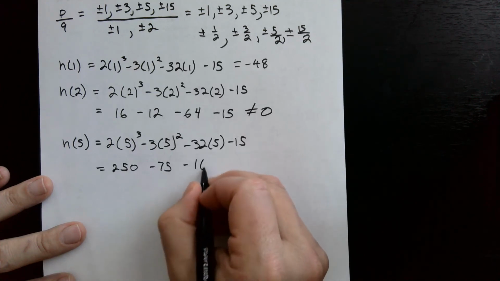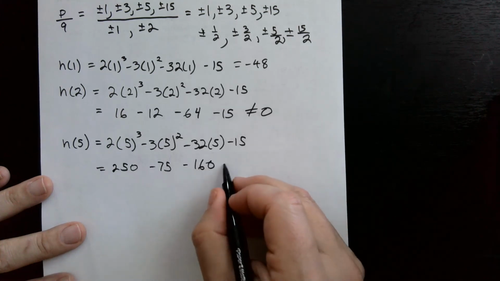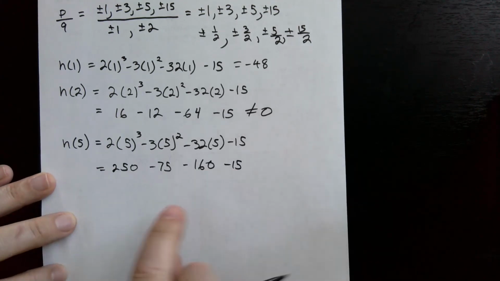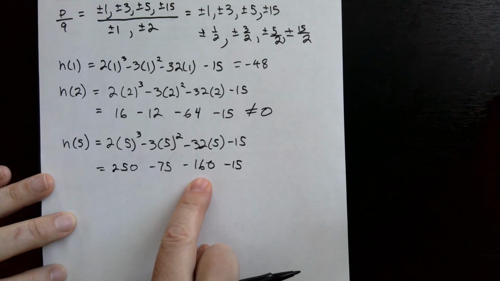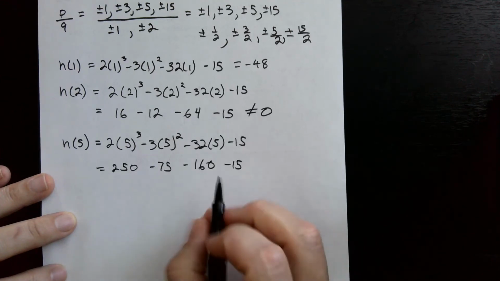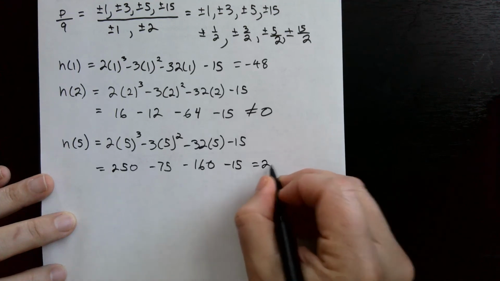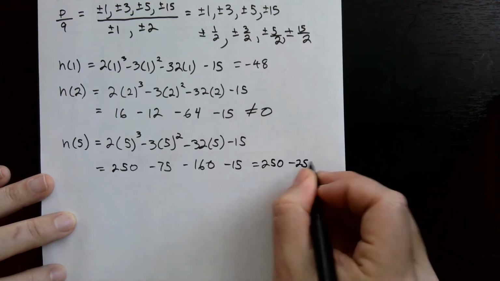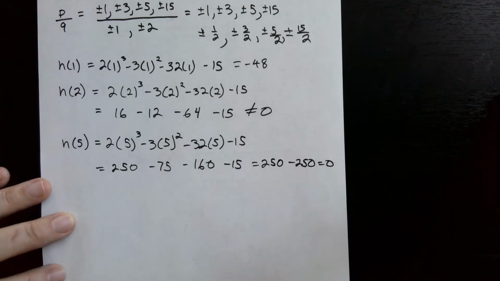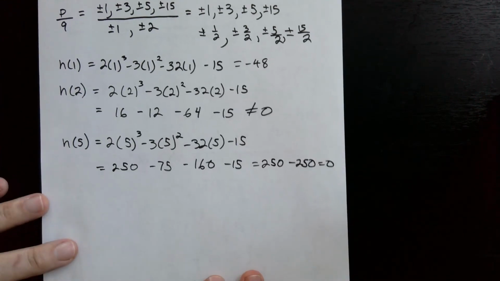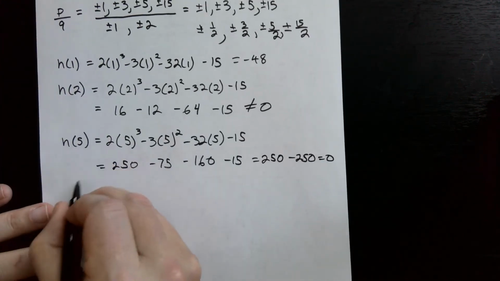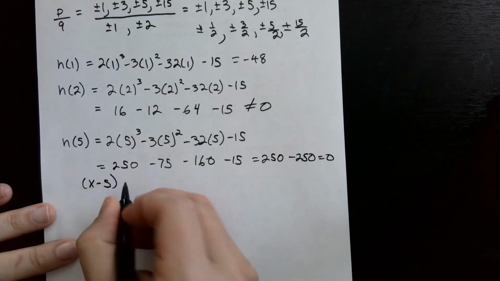Minus 160. And then minus 15. So if we combine all these together, that's 250 minus 250, and it does work as we knew it would because we did it in the calculator. So if this is a 0, that means that x minus 5 is a factor.